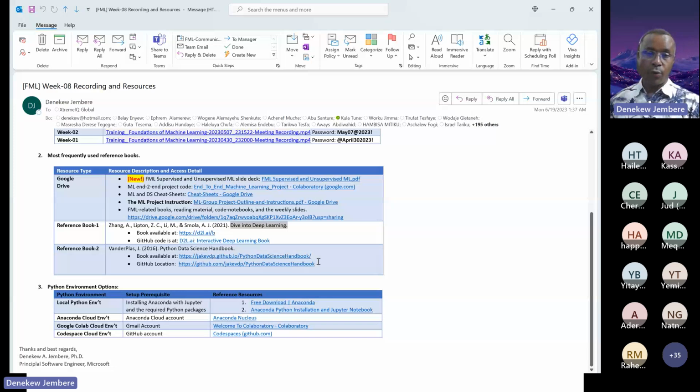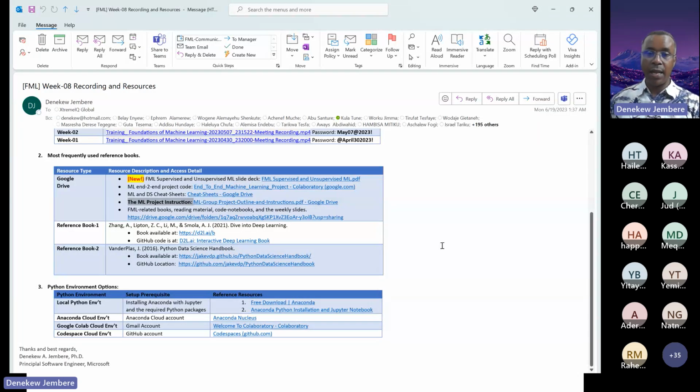The project detail is here with the corresponding instructions. Most of you have already submitted your project proposal, so continue doing that. There is a reward, and I will be discussing the submission date.